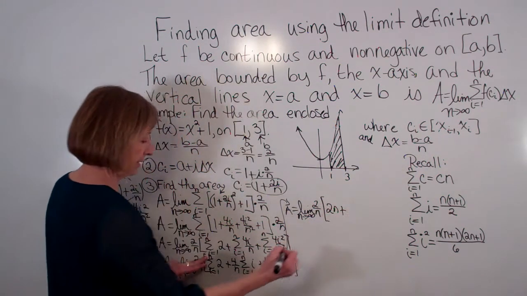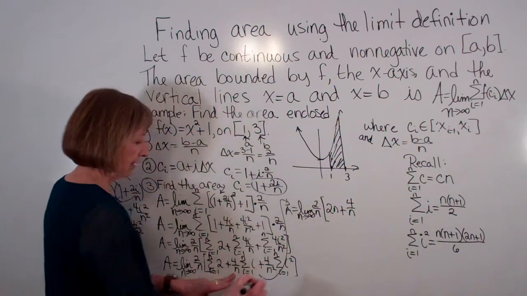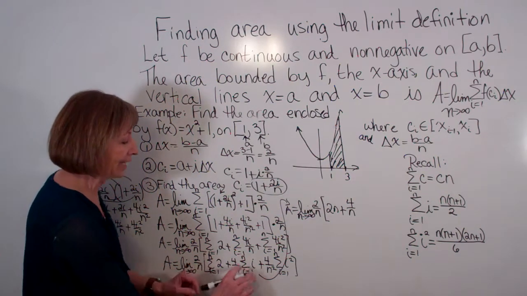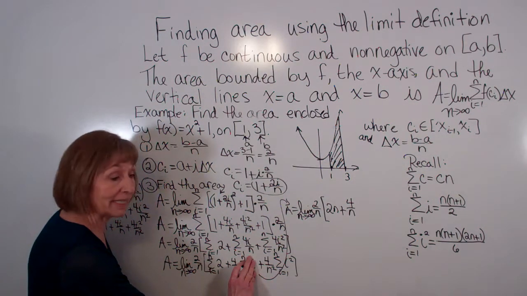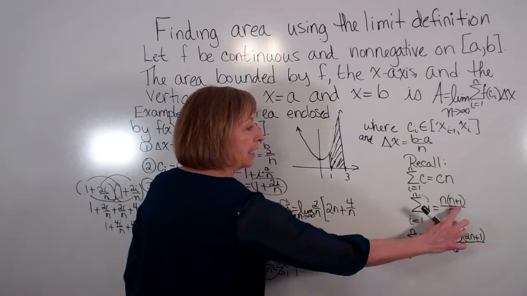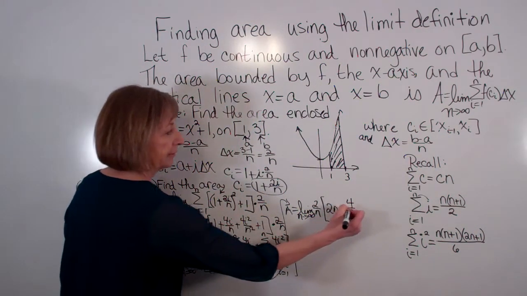Then plus 4 over n times the summation i equal 1 to n of i. So the summation i equal 1 to n of i, that goes out and gets replaced with n times n plus 1 all over 2.